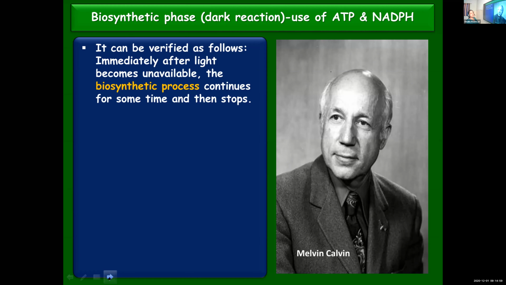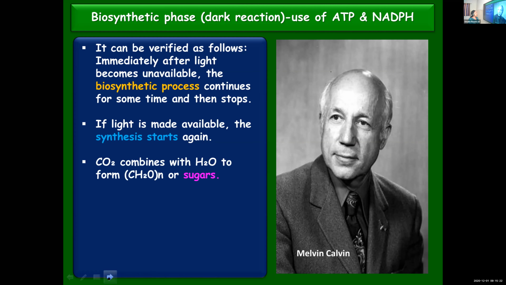So from that, scientists understood that even though the light reaction is dependent on light, the dark reaction is independent of light. Even in the absence of light, it can happen, but definitely it needs the products of light reaction. If light is made available, the synthesis will start again. Why?